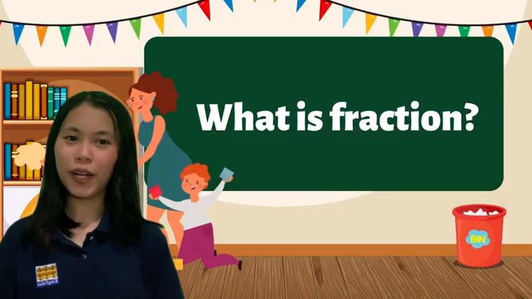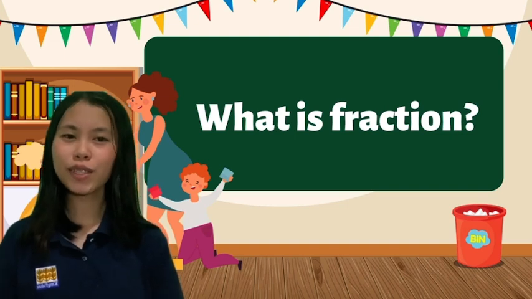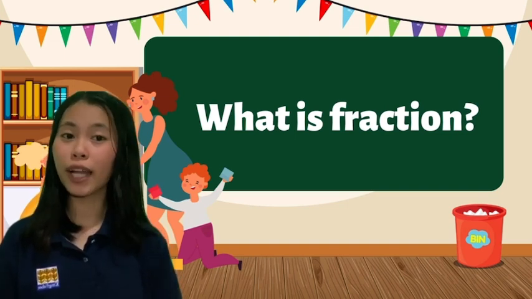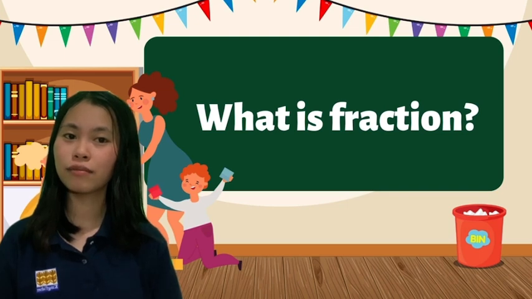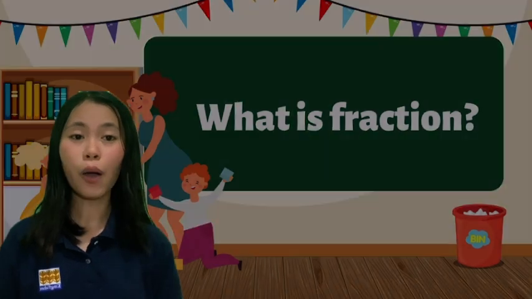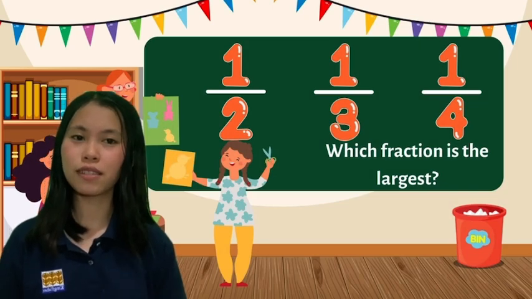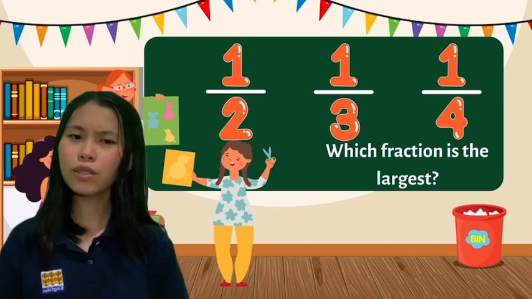Good morning everyone! Today, we're going to talk about fractions. Who can tell me what a fraction is? Correct! Now, let's look at these fractions. If I write 1/2, 1/3, and 3/4 on the board, what do you notice about them?